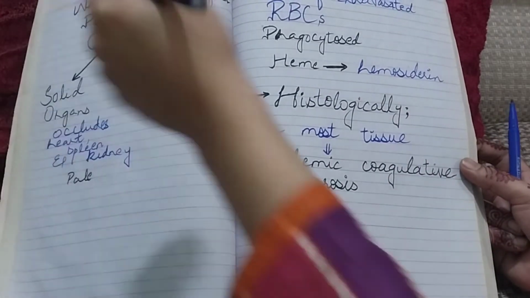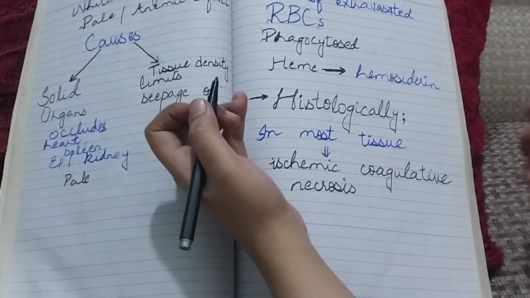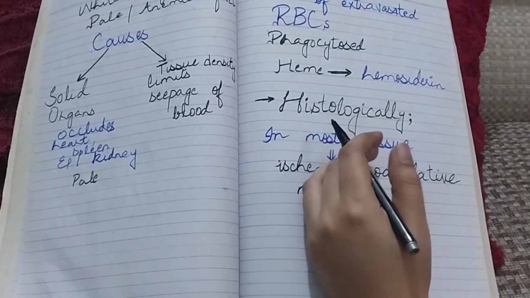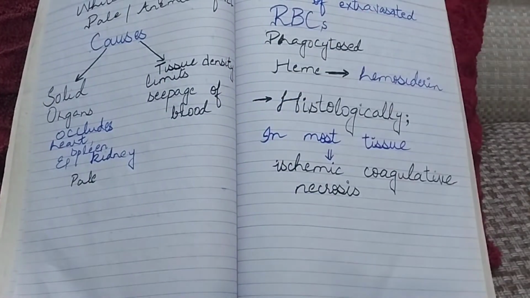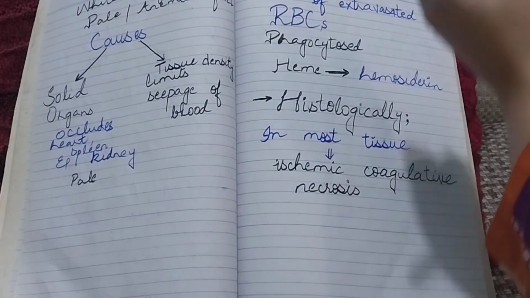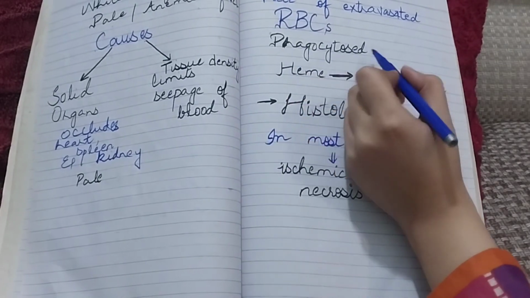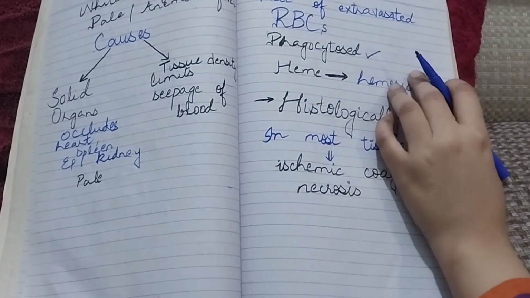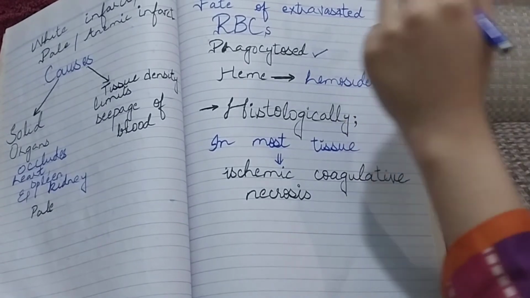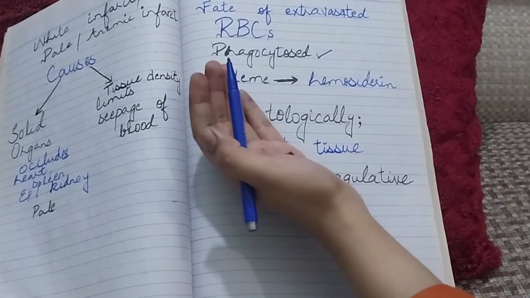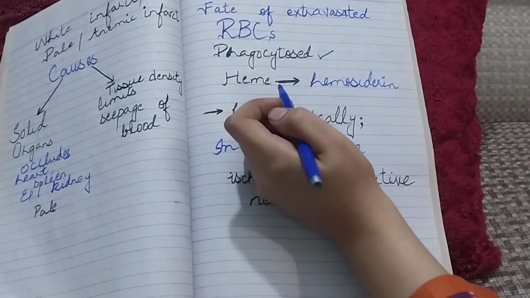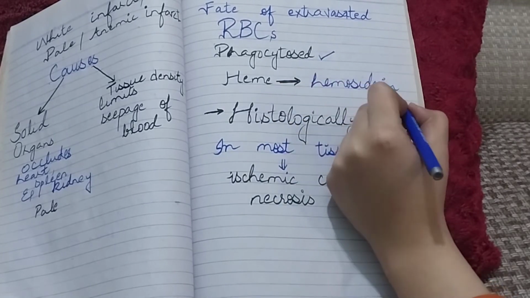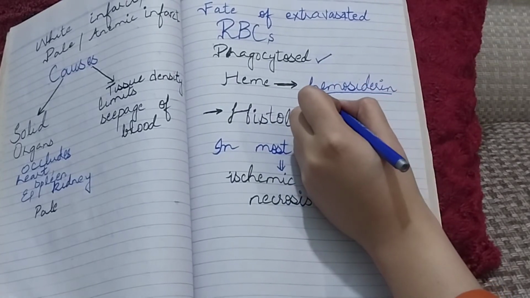If hemorrhagic infarcts occur, what happens to extravasated RBCs? They are phagocytosed by macrophages. And about the heme part, heme iron is stored inside the cell in the form of hemosiderin.